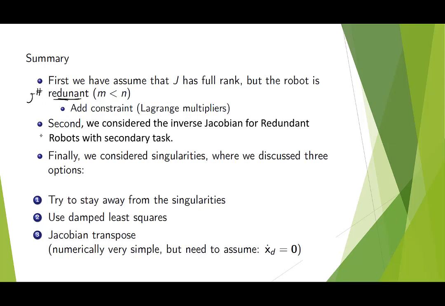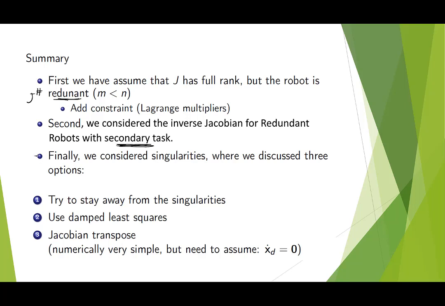Second, we introduced the concept of secondary tasks. How can we use inverse kinematics while doing a secondary task? We showed that there is a Q0 element that we can play with without affecting the robot end effector position, and that Q0 can be used to optimize something we want and do the secondary task.